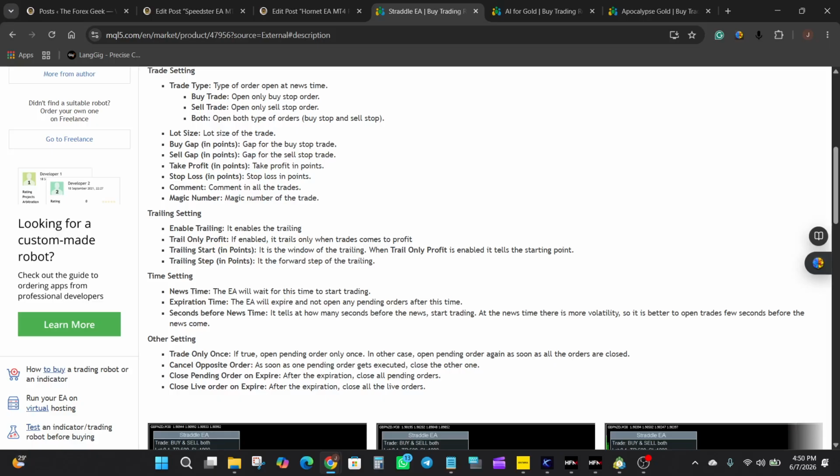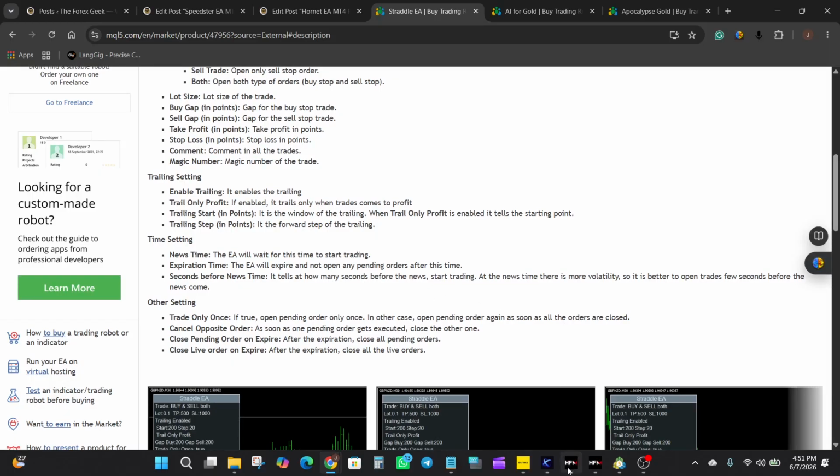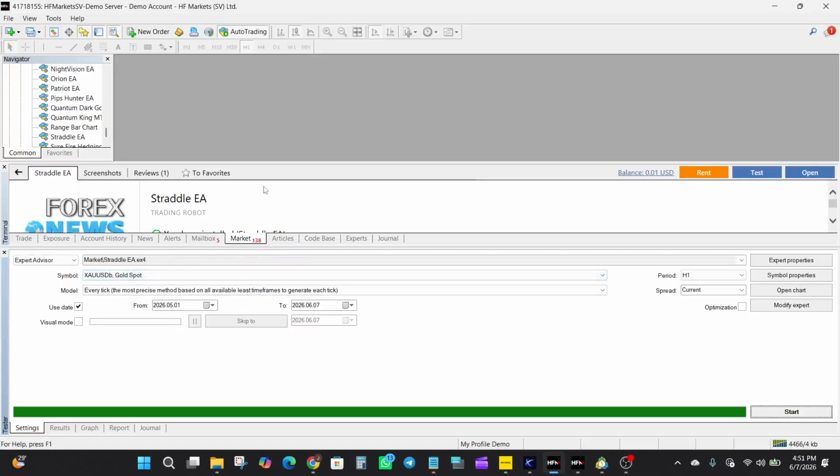Before going into the backtesting section, it is important to understand that this system is designed specifically for high impact news volatility. So the behavior we expect to see will be concentrated around sharp price movements rather than steady long-term trends. Okay, so we're just going to quickly go to the strategy tester right now, and as you can see, I'm testing the Straddle EA on XAU USD on the H1 time frame.